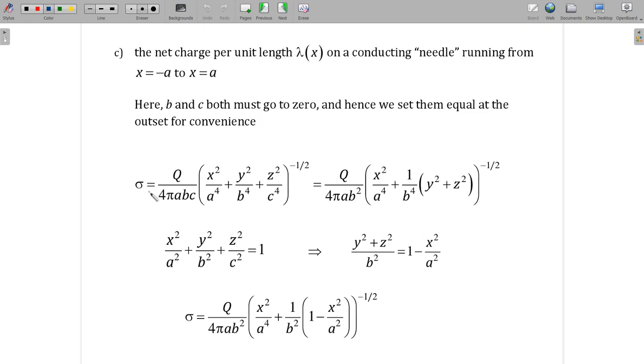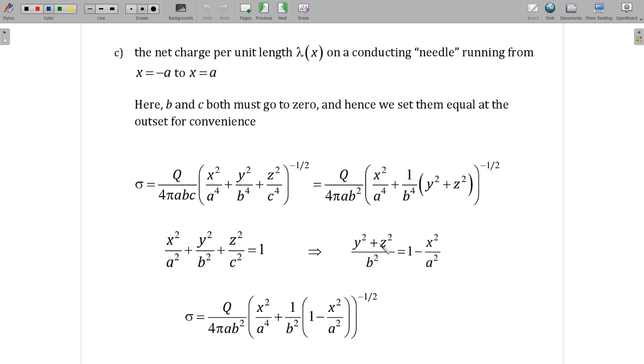We begin with the given formula for the surface charge density, and I put b equal to c first. Then I use the ellipsoid equation to eliminate y and z both in one go, because of course this object of ours does not have the y and z dimensions anymore.